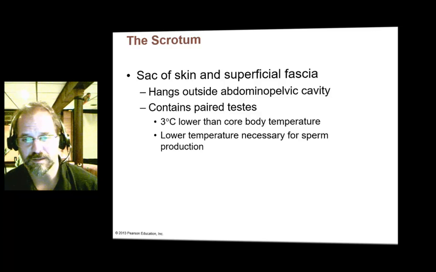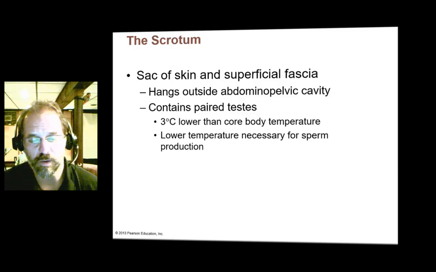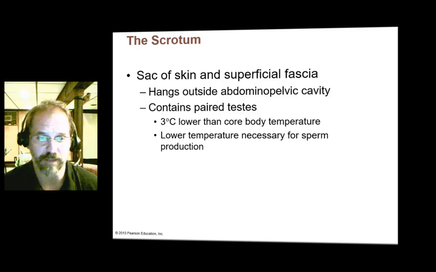And that muscle is called the cremaster muscle. I'll show you the spermatocord picture in a little bit, and I'll point out the cremaster muscle at that time. And likewise, when it's too warm, both of those muscles will relax and let the testes fall away from the body wall where they can cool down.